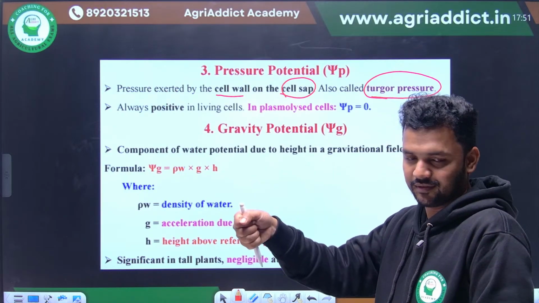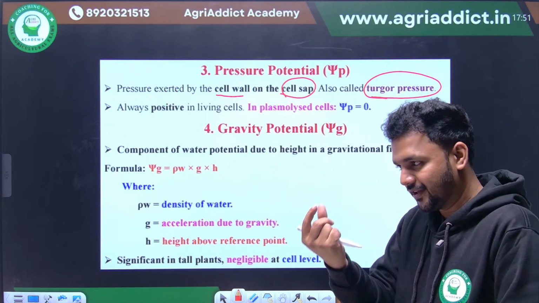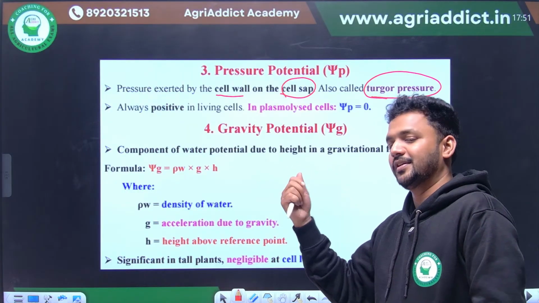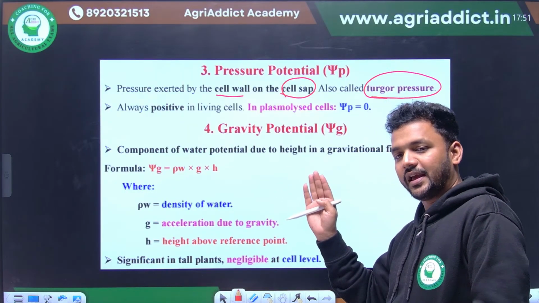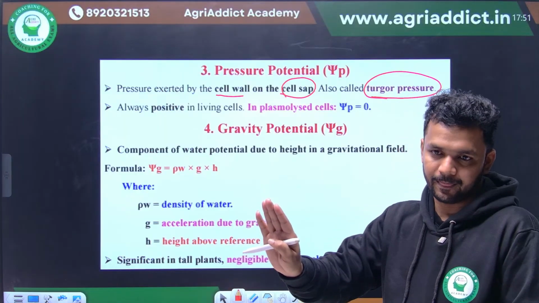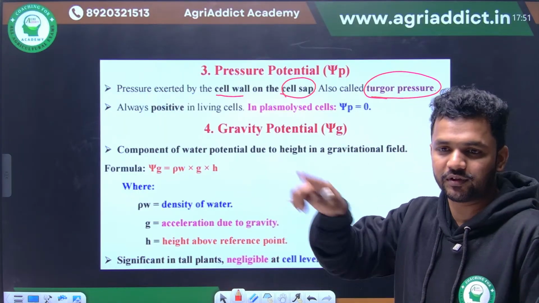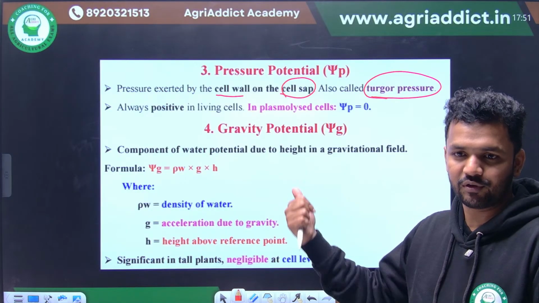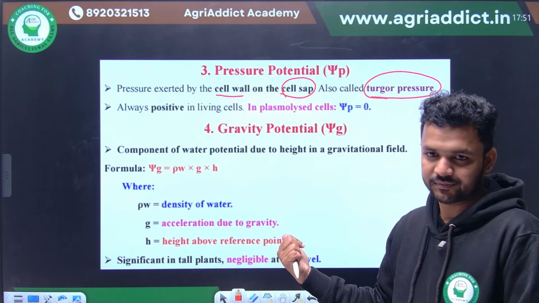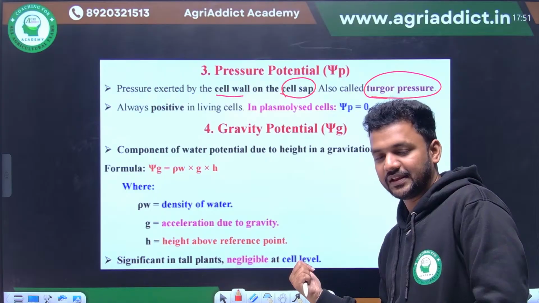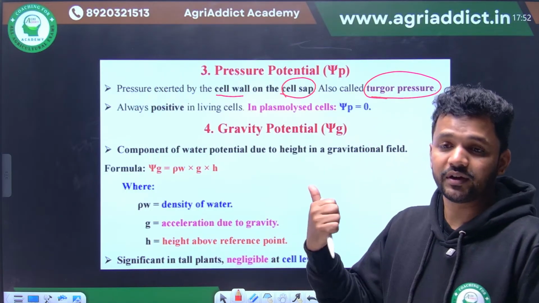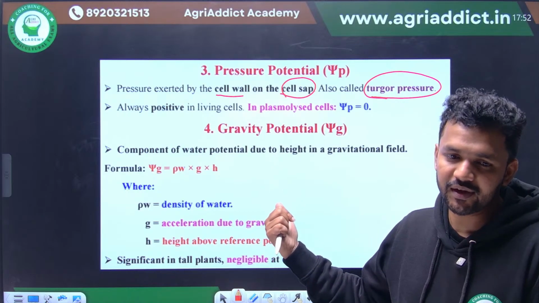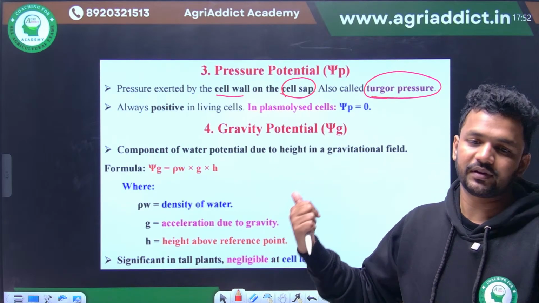When water enters the cell, the cell sap exerts pressure on the wall, and the wall exerts the same pressure back on the cell sap. So it is the external pressure applied to the system due to the entry of water. That's why it is always positive. But in a plasmolysed cell, where there is no turgor pressure, the pressure potential is 0. The pressure potential is nothing but the turgor pressure itself.